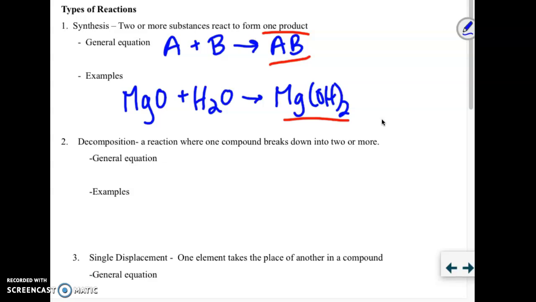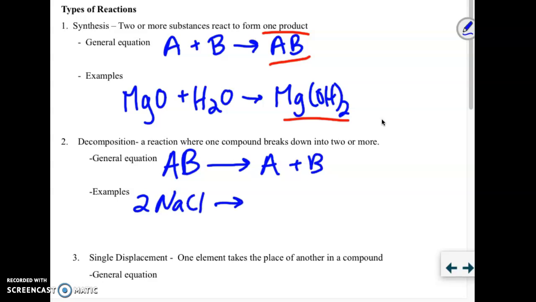Now, decomposition is exactly like what it sounds. So for type number 2, it's a reaction where one compound breaks down into 2 or more substances. So you have your compound, let's say AB, the 2 substances are together, and it breaks down into A plus B. So for example, this would be something like sodium chloride, I'll give you the balanced example, breaks down into sodium plus chlorine.